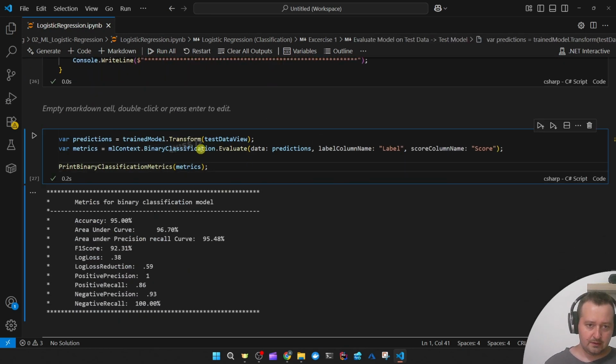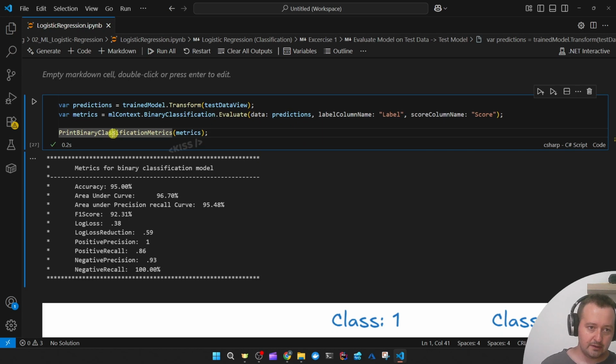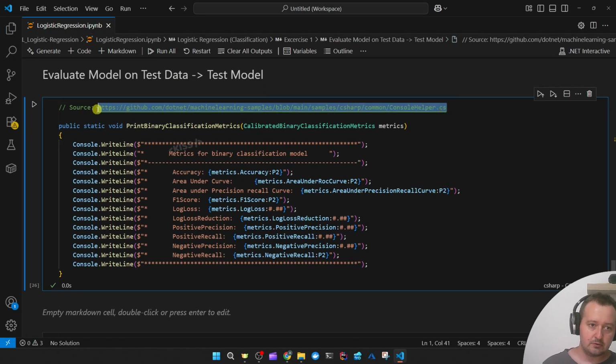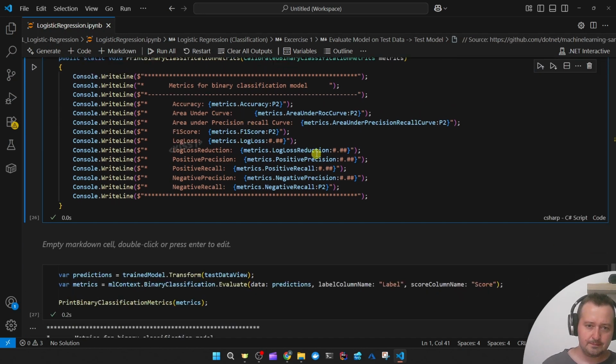Okay, then shortly after we're already evaluating the model on the test data, and then we're printing those classification metrics, which I just found on the Microsoft Docs, I think.